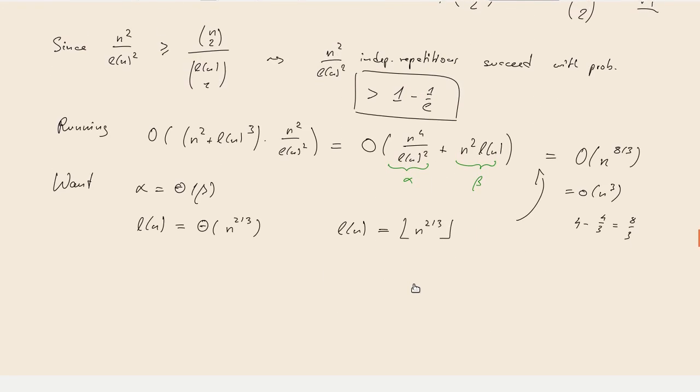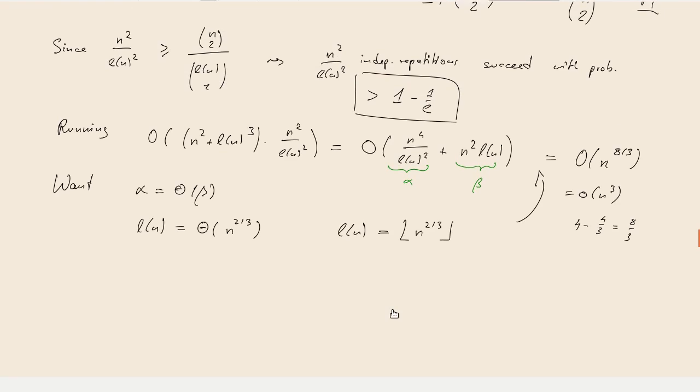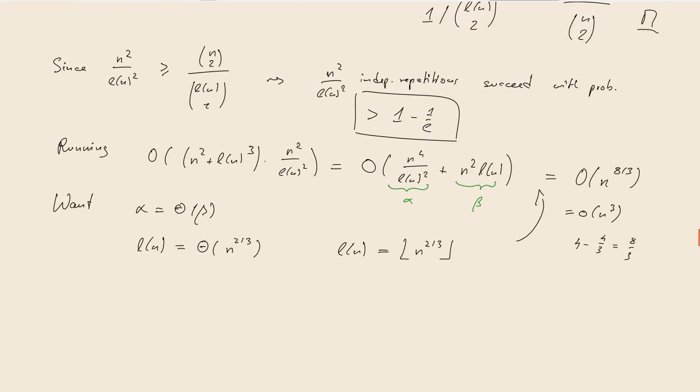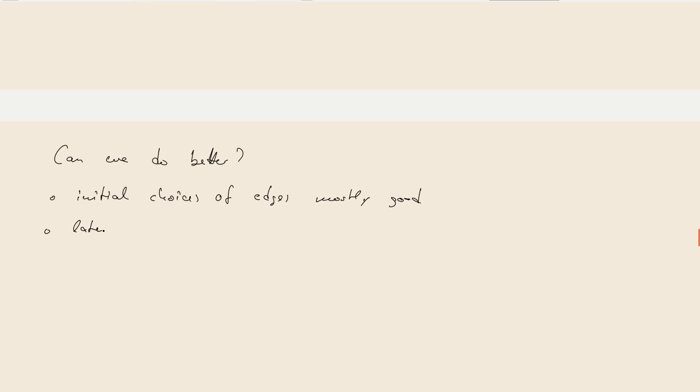And there's another reason why we can actually do better than this. Let me add this sketch here. The point is that initial choices of edges are mostly good in the sense that they are not from the min cut that we would like to retain, whereas later choices have a much higher probability to fail.